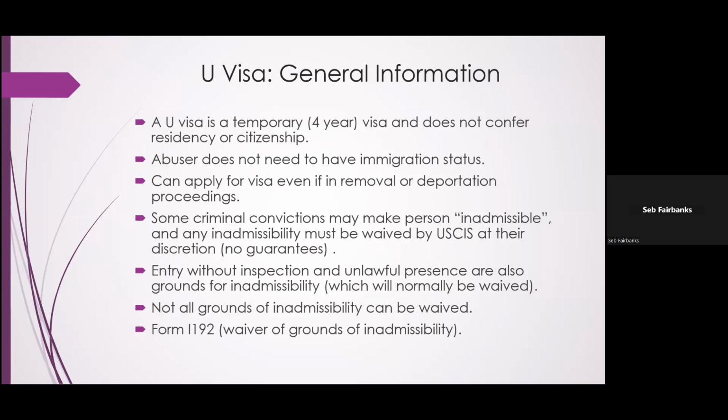Some criminal convictions can make the person inadmissible, and if they are inadmissible, they have to apply for a waiver. Under the U visa program, the I-192 waiver of inadmissibility is the most forgiving in immigration law. Entry without inspection or unlawful presence are usually waived, but not all grounds are waived because this waiver is discretionary.